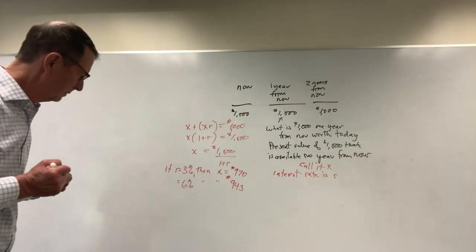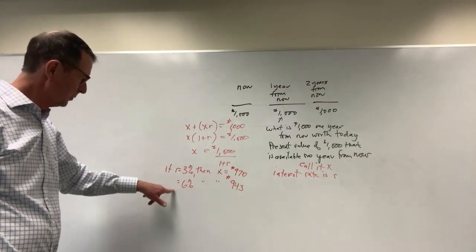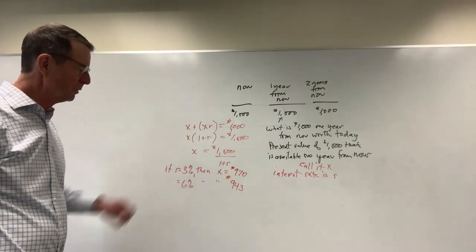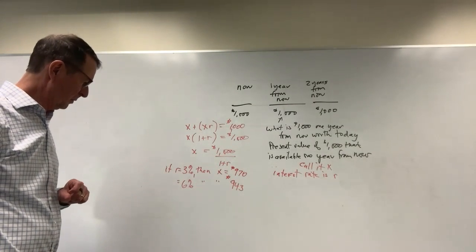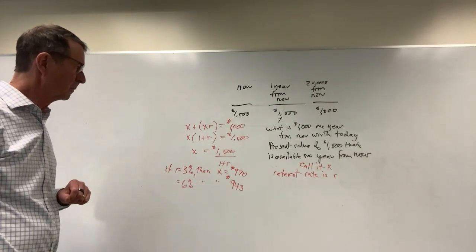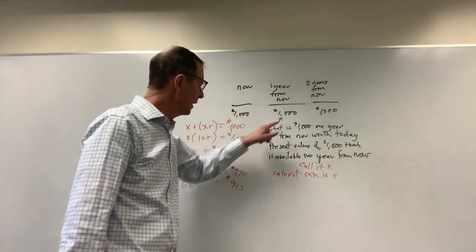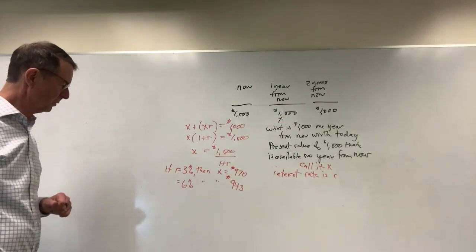Right, so you're just dividing by a bigger and bigger number as the interest rate increases, because the amount of money that you could earn in interest increases. So that's pretty straightforward. We just divide this $1,000 by 1.03 or whatever, 1 plus the interest rate.